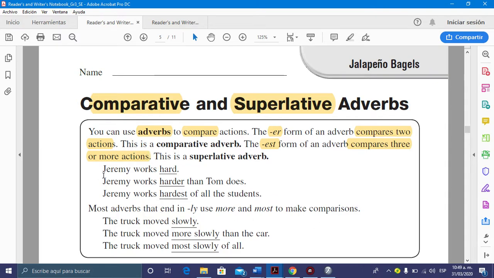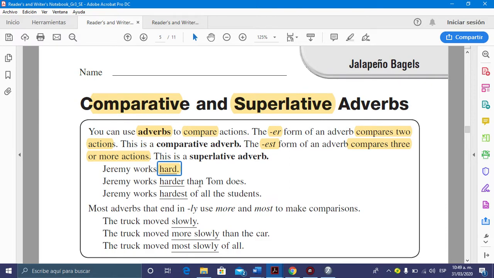Now, let's read the sentences. Jeremy works hard. Hard is the adverb. Jeremy works harder than Tom does. We are comparing two things. We are comparing Jeremy and Tom. How many things?